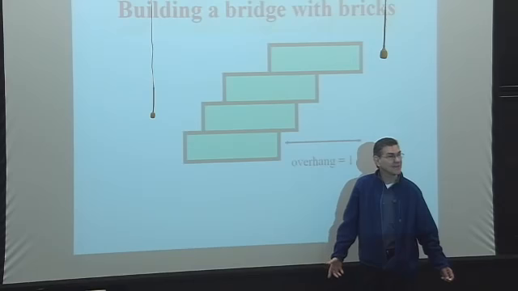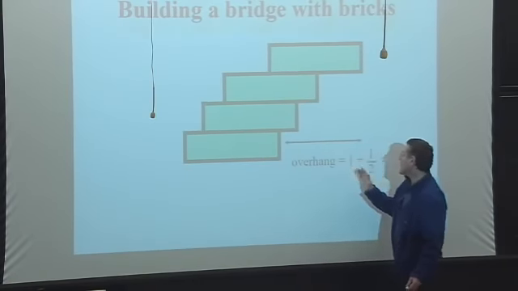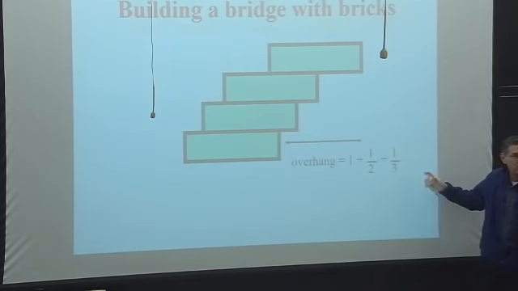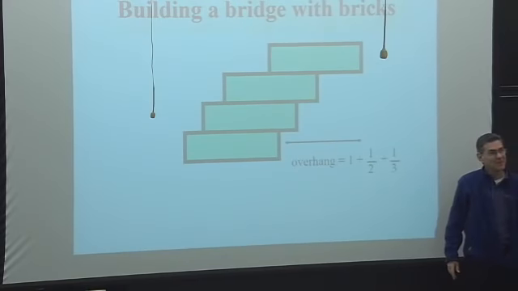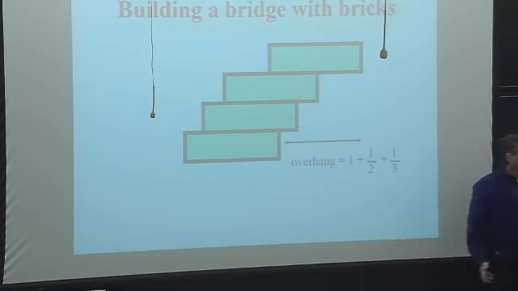So you can keep going like this. And if you add up all the overhangs, 1 plus a half plus a third plus a fourth, and so on, the overhang will be infinite. So you can build an infinitely long bridge with no glue and no counterweights.